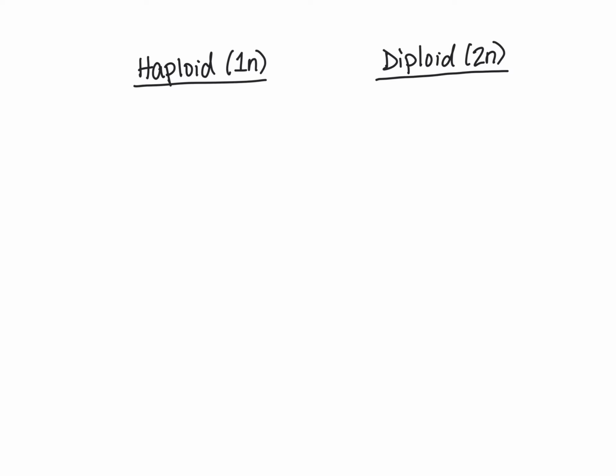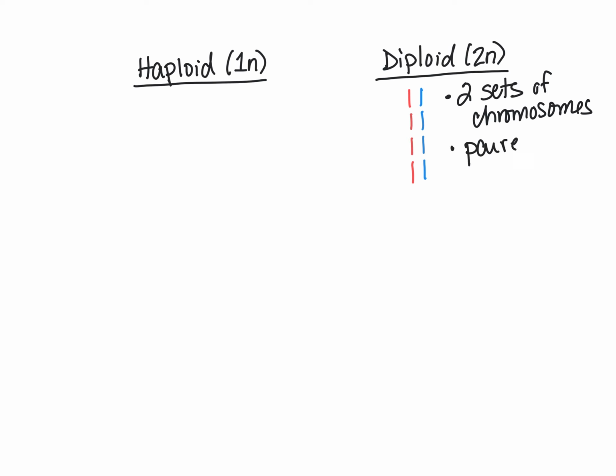So let's start by looking at diploid. With a diploid organism, inside the cells there are going to be paired, or two, sets of chromosomes. So we say that there are paired chromosomes, and each pair is known as a homologous pair, so homologous chromosomes.